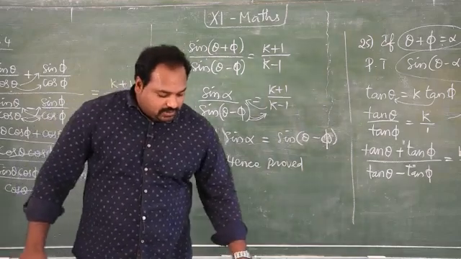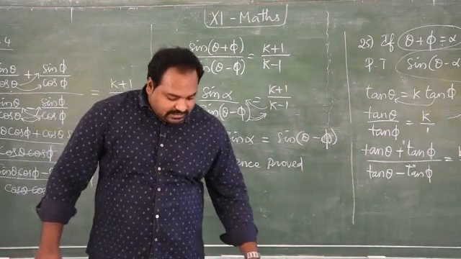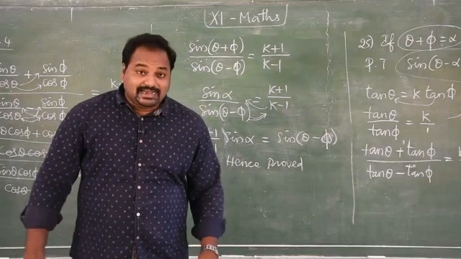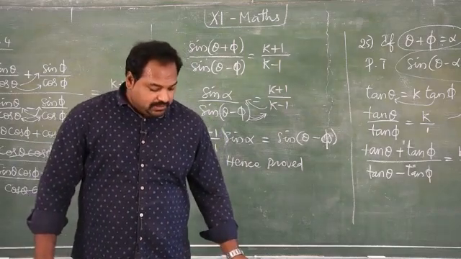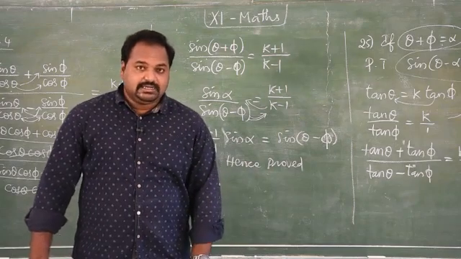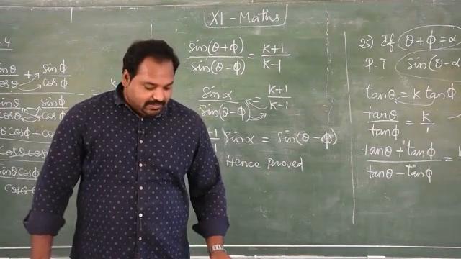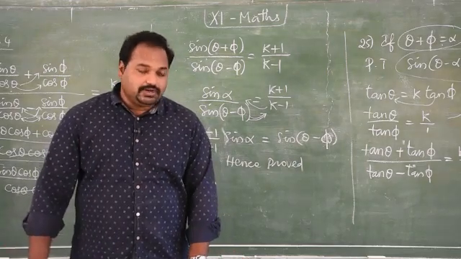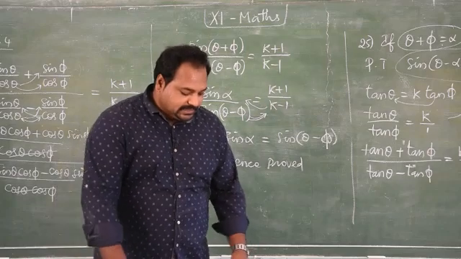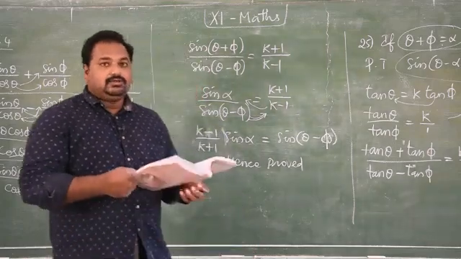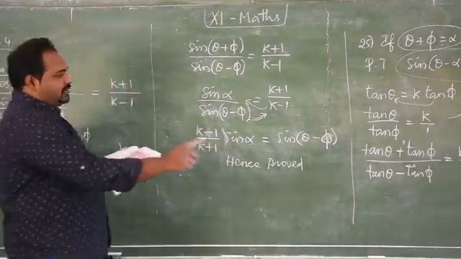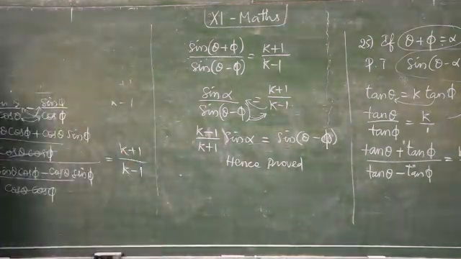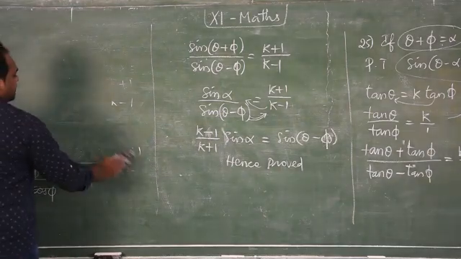So almost all the 25 problems we have done. Next we are going to see the important formulas and identities, very important for your future studies, as well as for 11th standard trigonometry and further chapters, where we are going to use some important identities which we are going to learn now. After completing this, we can go for exercise 3.5. Before we go for the problems, we must learn some identities.